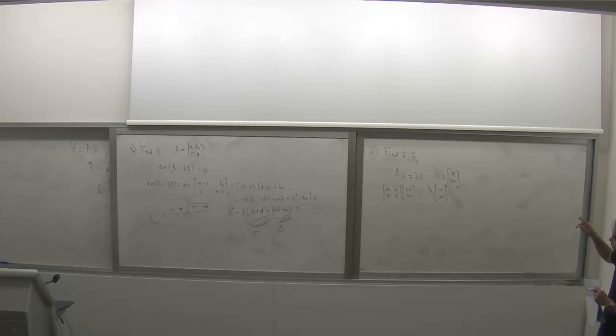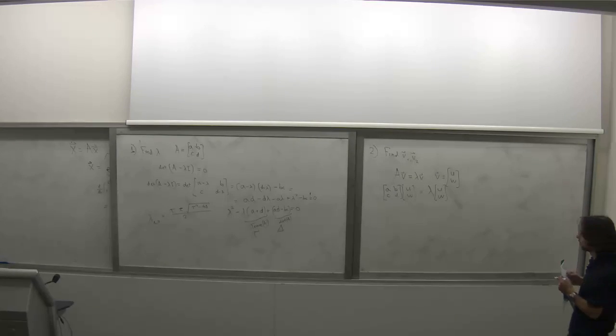So we know how to find the eigenvalues and the eigenvectors, and this means that we can get to the solution of the linear system.